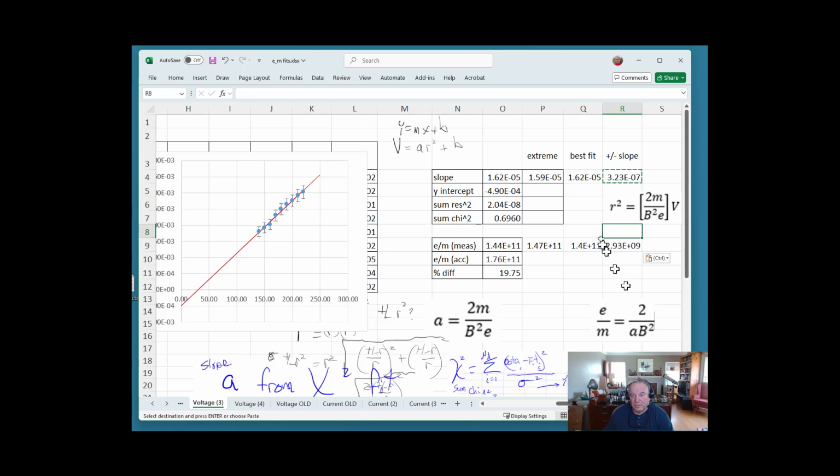Careful. That doesn't seem right. Oh, yeah. It's 2 orders of magnitude smaller. Of course. That's right. That's fine. Okay.